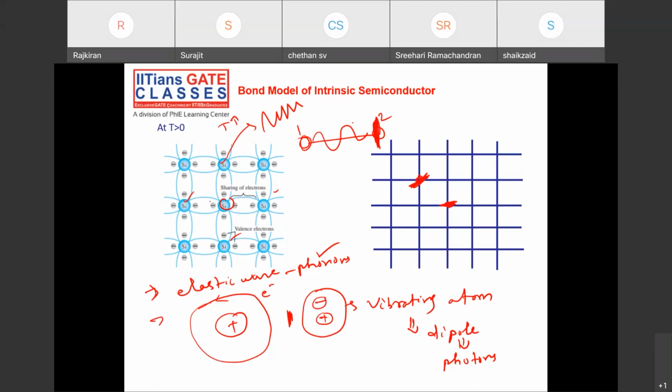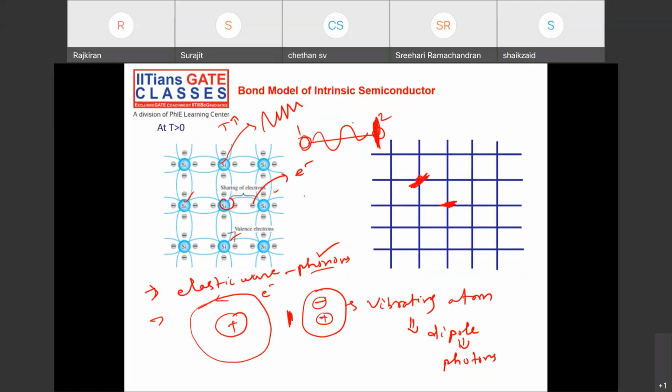So what happens when a silicon atom gets enough energy, more than the bond energy? Suppose it gets energy from phonons and photons. If this atom gets enough energy, the bond will break and the electron will be emitted.